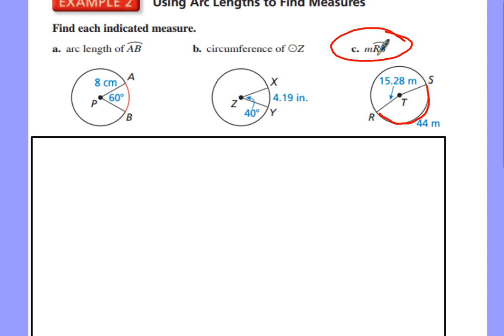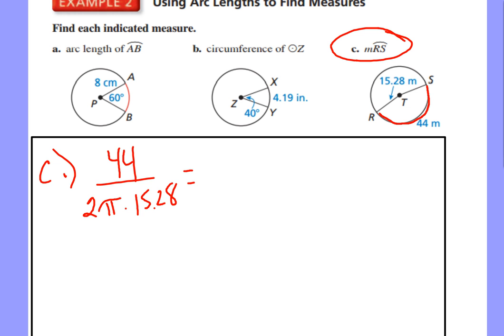So for part C, I know that once again our arc length, which in this case is 44, over the entire circumference, which is 2 pi times the radius of 15.28, is going to equal the measure of RS. And I'm just going to call the measure of RS theta for right now. So theta over 360. We'll cross multiply.